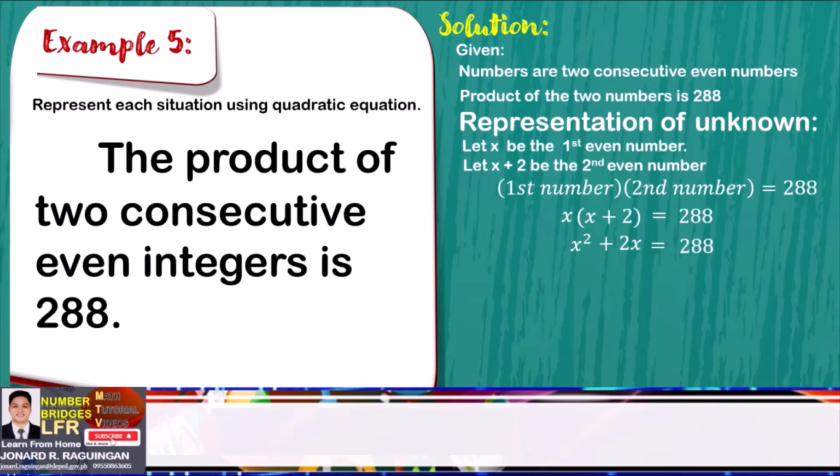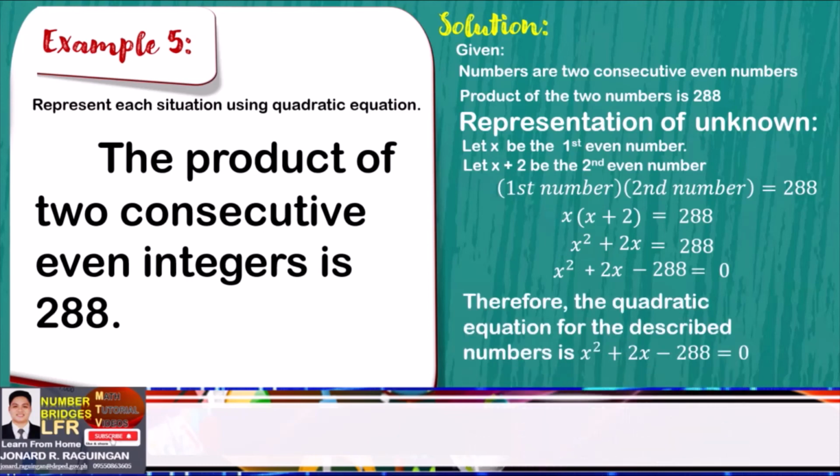Write that in standard form. We have x squared plus 2x minus 288 is equal to 0. Therefore, the quadratic equation for the described numbers is x squared plus 2x minus 288 is equal to 0.